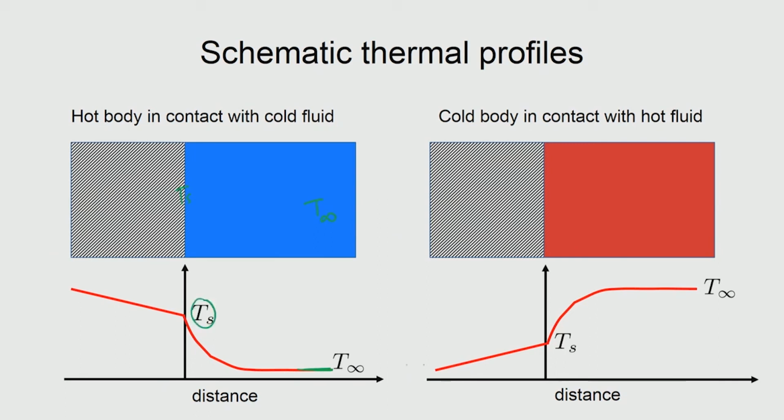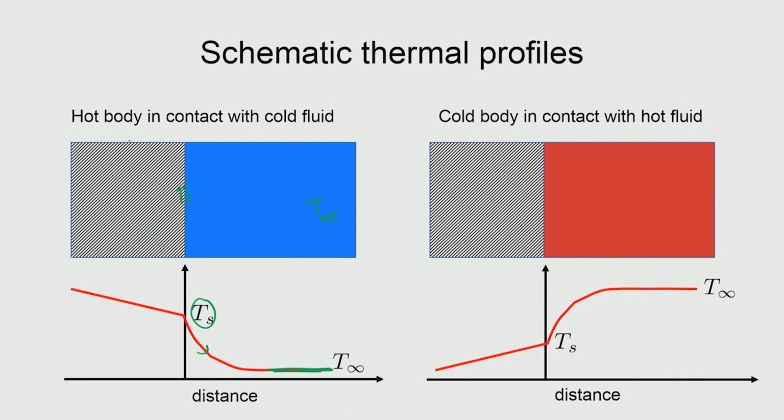So, we see that the temperature may fall in this manner. The reason we draw it parallel to the axis far away is that the heat loss is not felt very much far from the interface. So, the temperature profile has to be drawn asymptotically going towards T infinity whenever a hot body is in contact with a cold fluid.